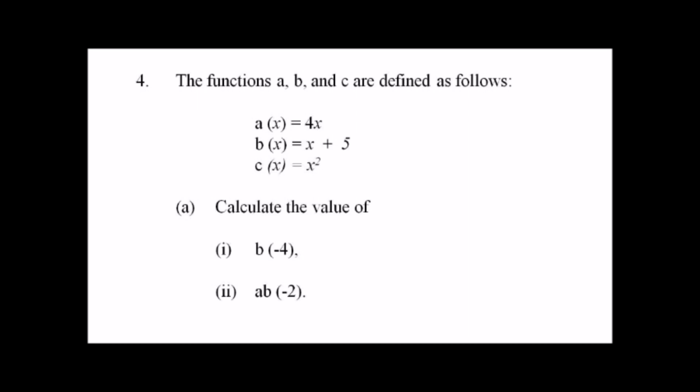For ab(2), you have to work out b(-2) first, get an answer, and then put that answer into a, the function a, and get an answer. Work fast because you have to do a lot of working for ab.